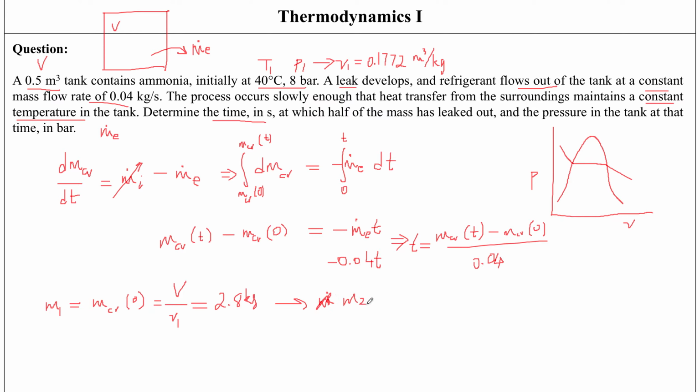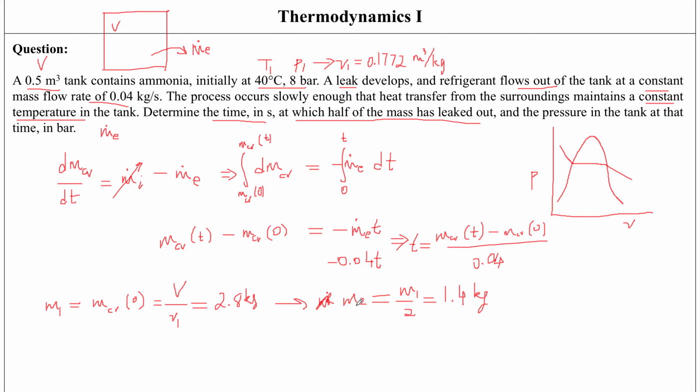And from here, you can also find out the mass at the second state. And how can you do that? Because it's telling you that you need to determine the time in which half of the mass has leaked out. So that means M2 is going to be half of M1, M1 by 2. That's simply 2.8 by 2. You're going to get 1.4 kilograms.